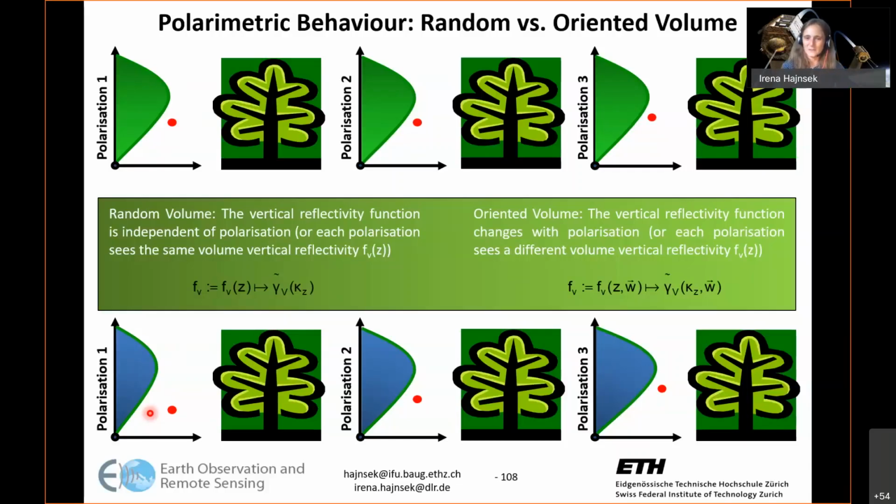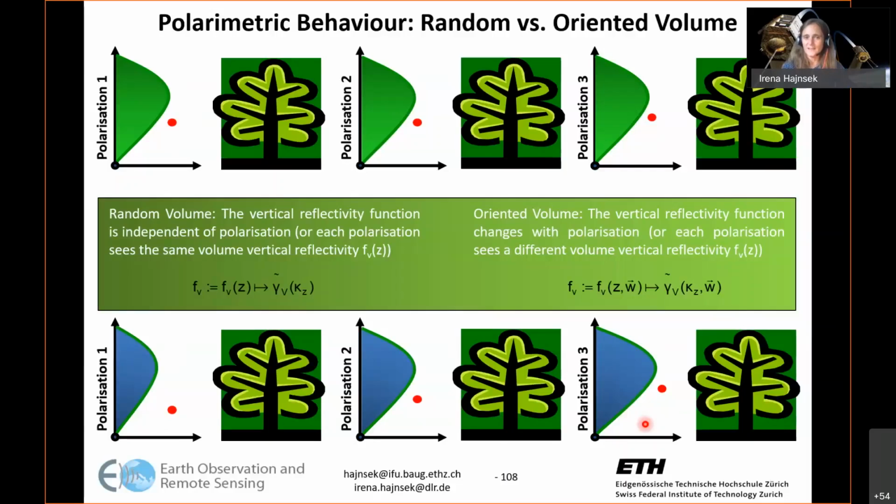What we like is a polarization combination where your phase center is shifted up, so that you can estimate the forest height more realistically. That's in principle what you try to do in choosing a polarization.